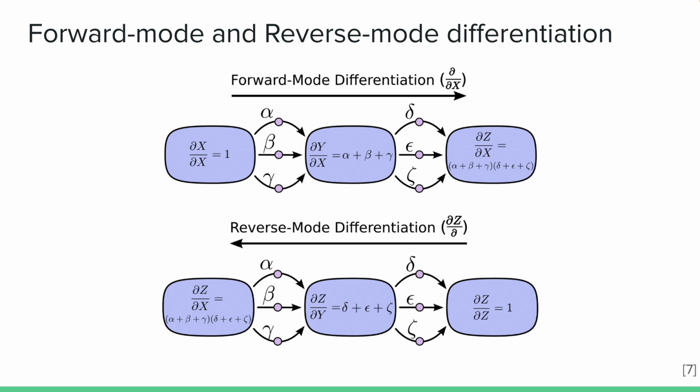So we're looking from the output and want to see what effect each node has. The cool thing about reverse mode differentiation is that it touches each node exactly once and it gives us all the partial derivatives in one fell swoop.